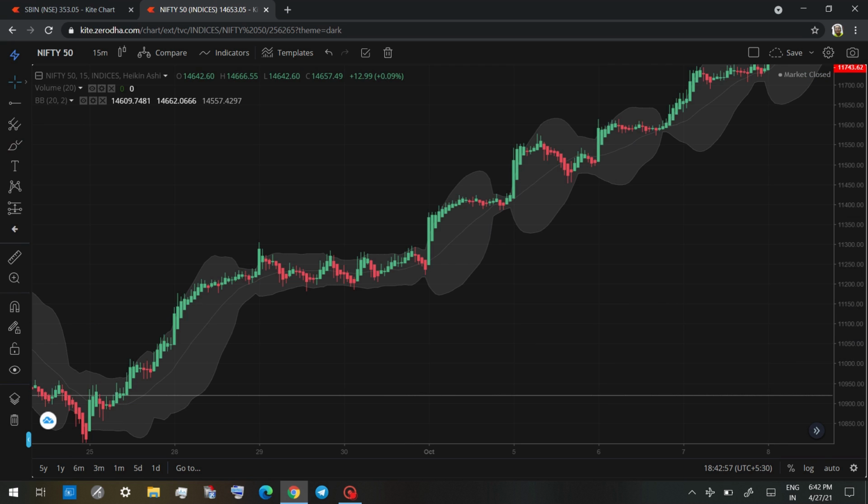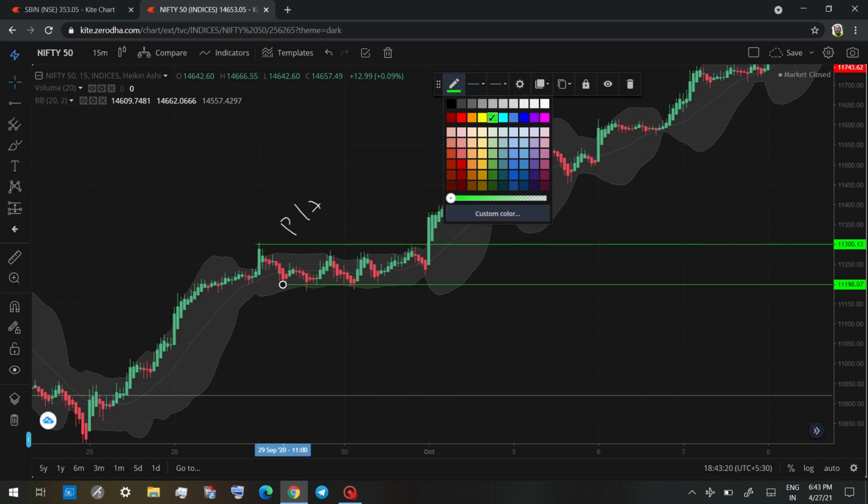See this. I'm going to draw a trend line. This is the previous high. This is the previous high trend line, and this is the previous low trend line.